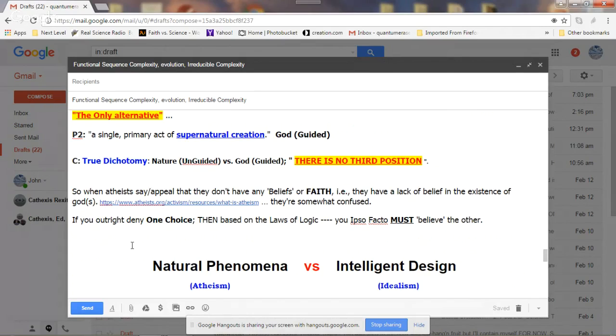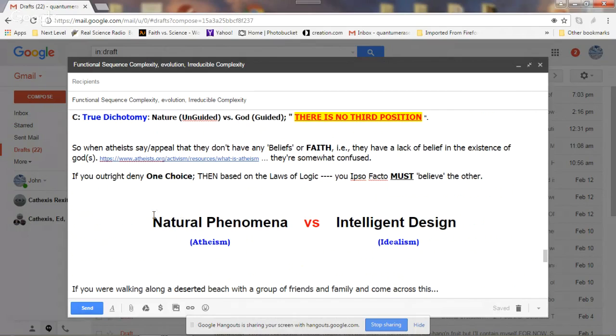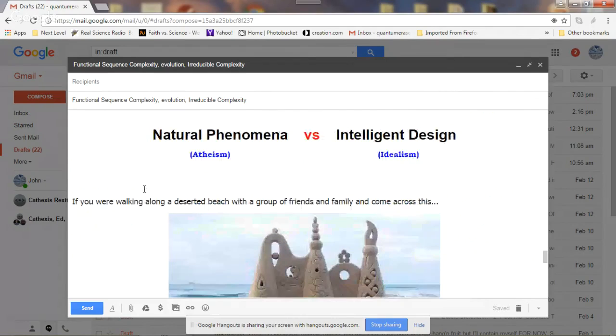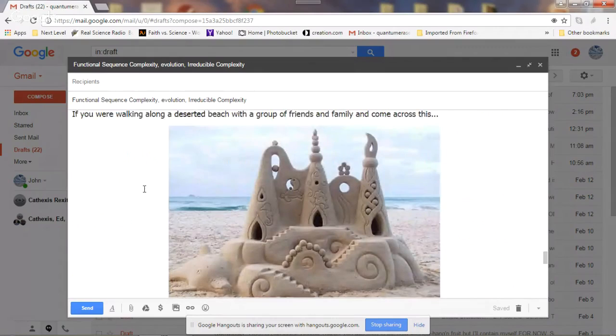Just like I said, if you outright deny one choice out of two choices, then based on the laws of logic, you ipso facto must believe the other. So natural phenomena, that's atheism versus intelligent design. That's it. I hope that's pretty clear. So let's say I didn't transition here. We're gonna start to get into functional sequence complexity.